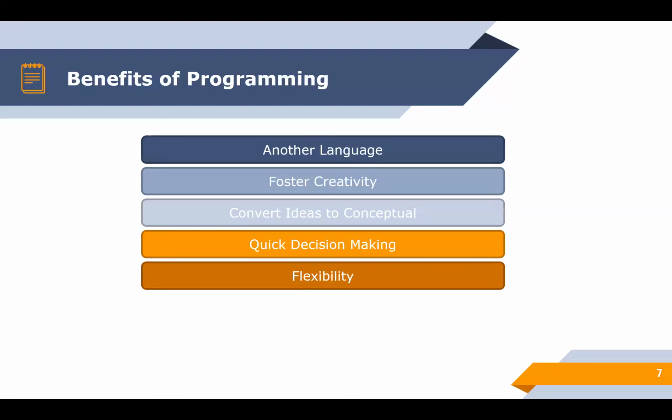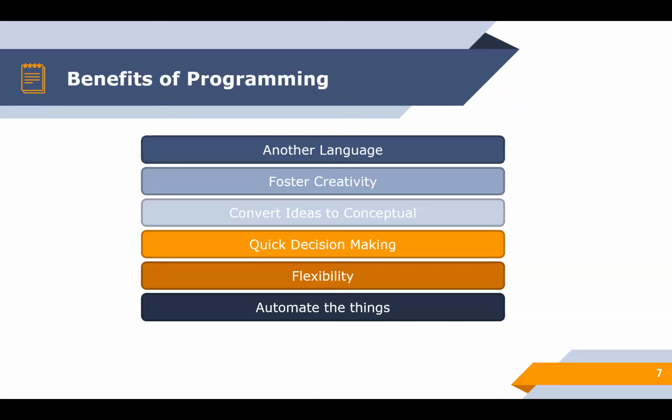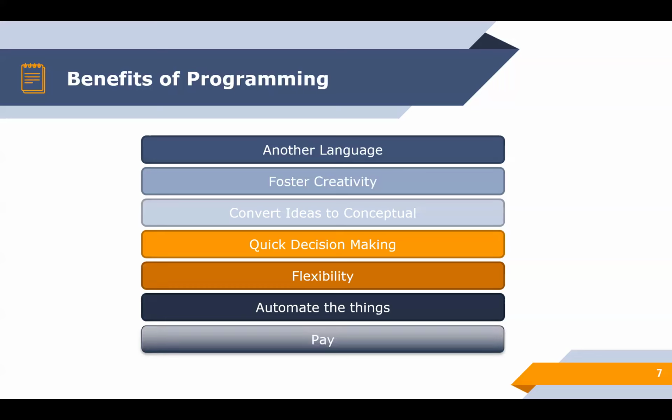So this is useful. Next, flexibility. If we know the programming, if we know the development, then we automatically get flexibility in our work. This is very important for automation. If we want to do automation in our GIS work, then programming is a must. And an important thing is the pay.